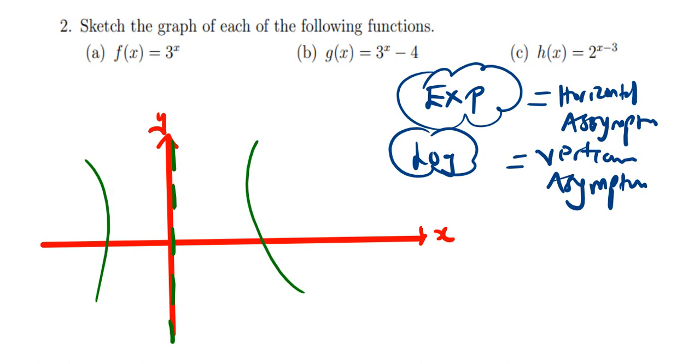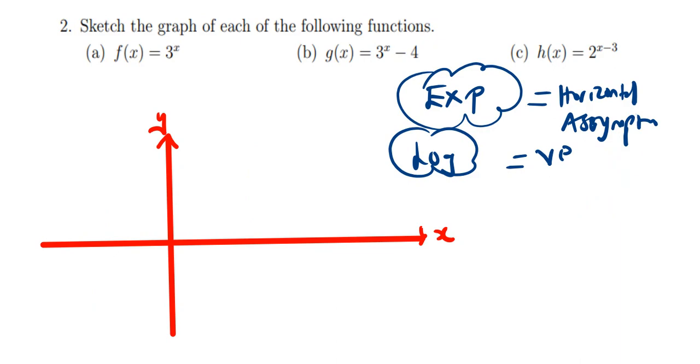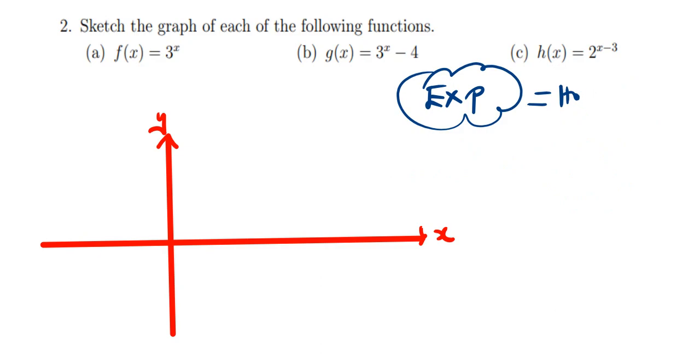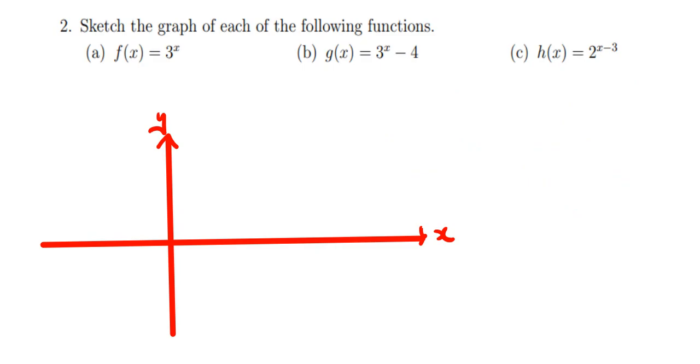So that's the difference. Now we're going to solve those questions based on the information that we just talked about. So we have f of x equals 3 to the power x. Let's look at the value of x.